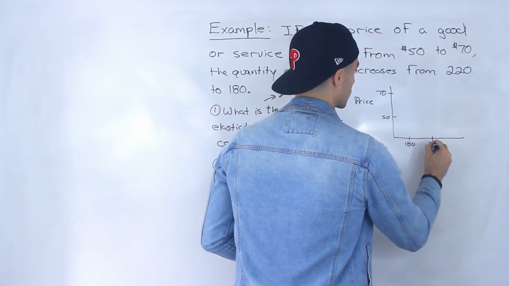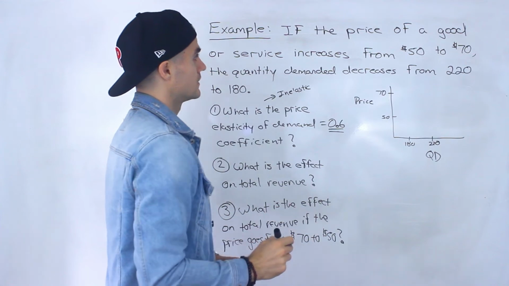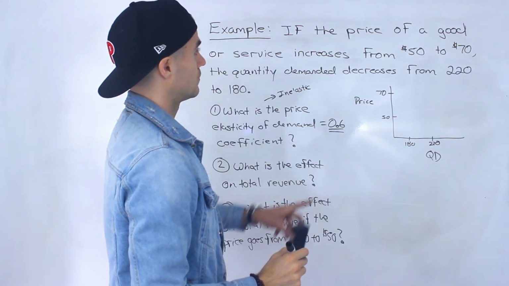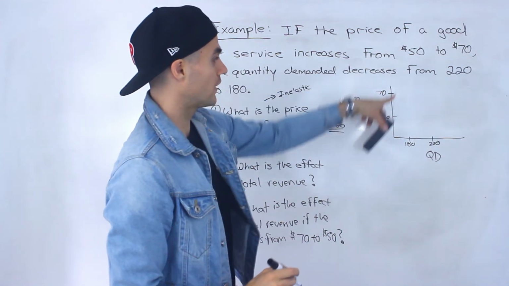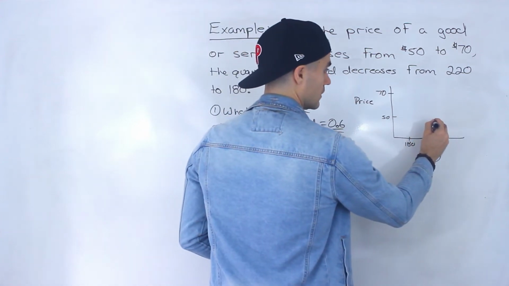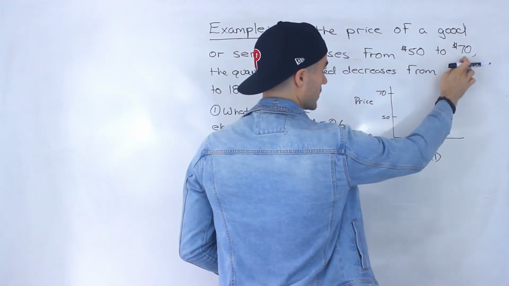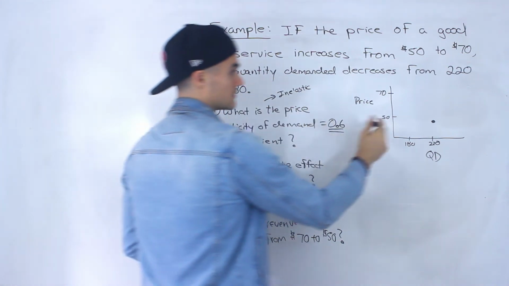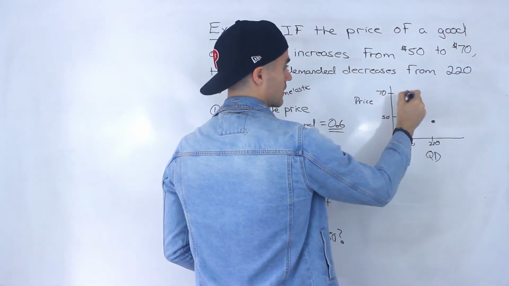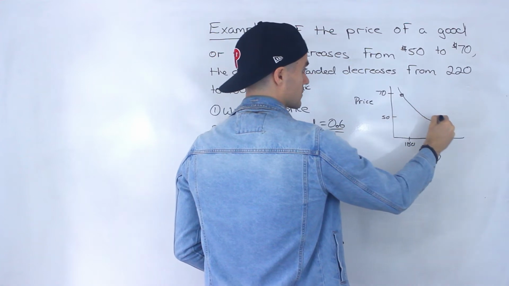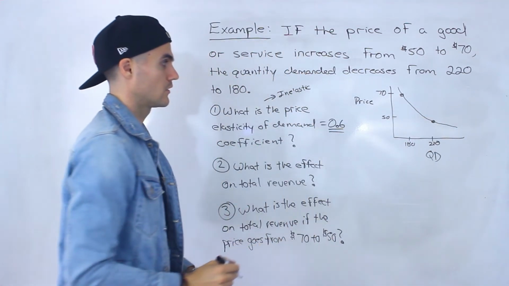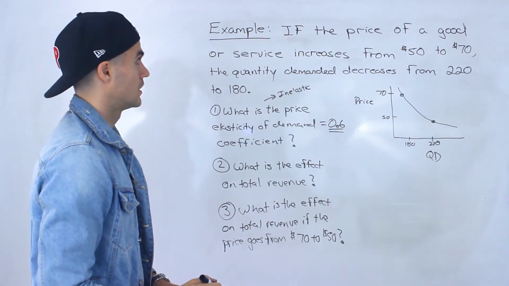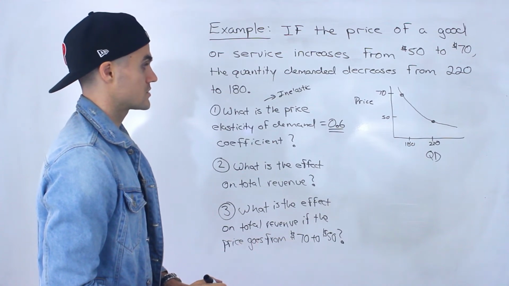Let's say 220 is over here. So at a price of 50, the quantity demanded is 220. And then when the price goes to 70, the quantity demanded goes from 220 to 180, right here. So the demand curve is sort of looking like that for this specific good or service.